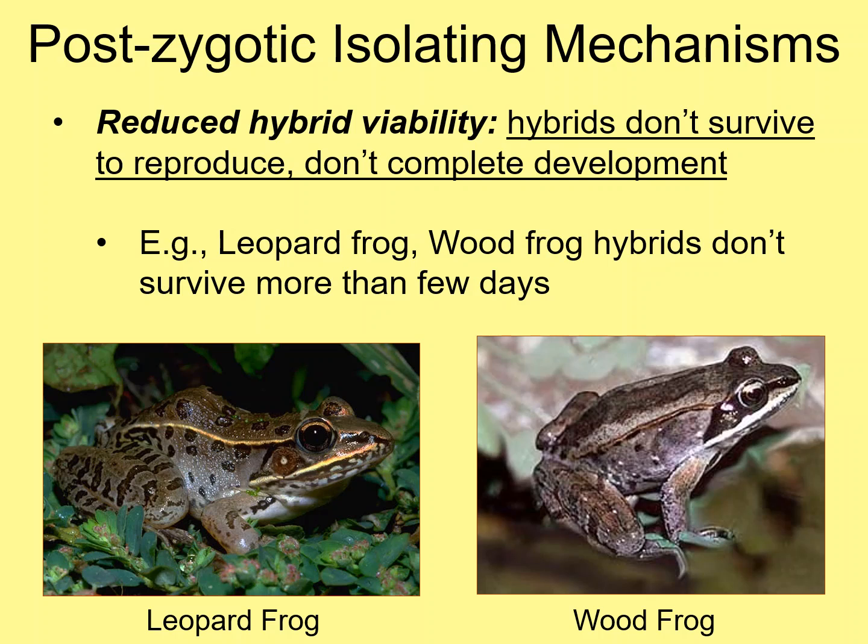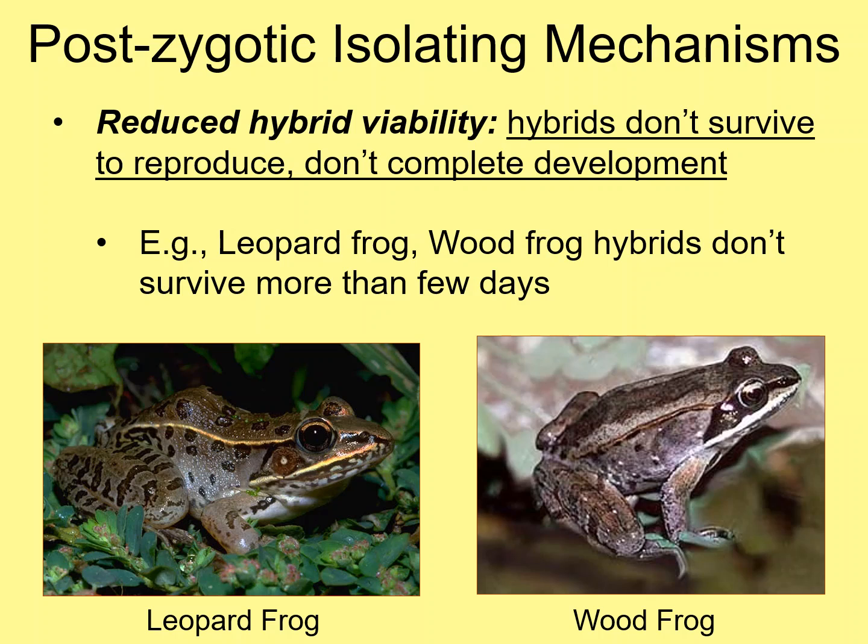So one is reduced hybrid viability. So this is essentially the idea that if a hybrid does form, it doesn't survive long enough to be able to complete its development and long enough to maybe be able to mate on its own.